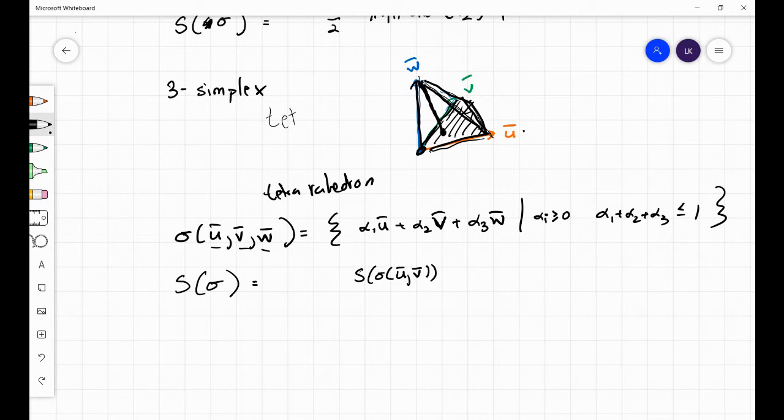So that corresponds to the area of this base triangle, and then you're going to multiply that by the distance between w and the subspace, which is the span of the first two vectors, and then you divide this by n, or 3.